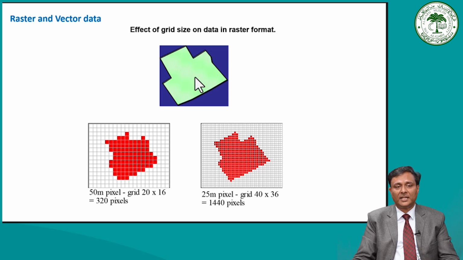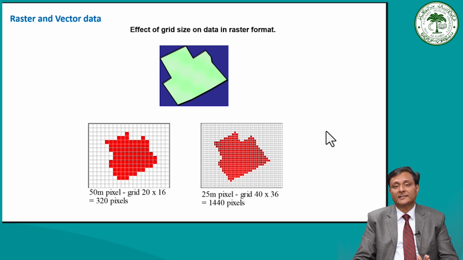The original image is like this, but the shape has distorted a lot here because the pixel size, or the resolution of our depiction in raster format, is larger. Whereas if we take finer resolution, the smaller pixel size, it is more like the original image. So that is an important issue which we have to keep in mind in raster format.